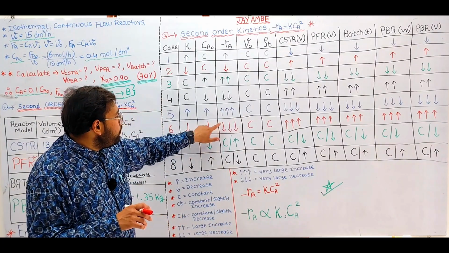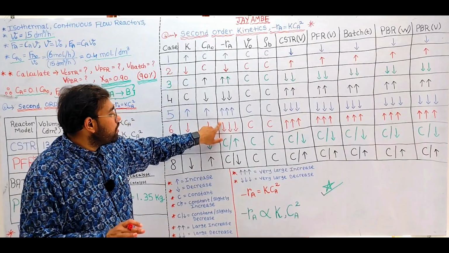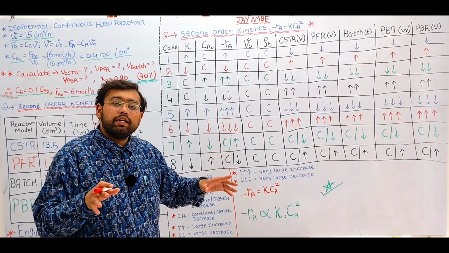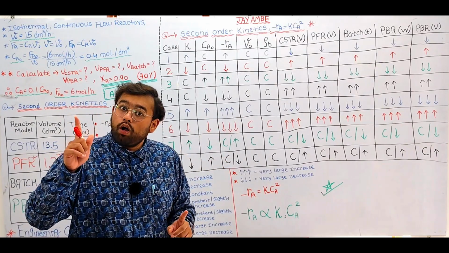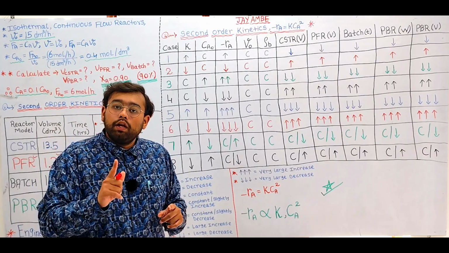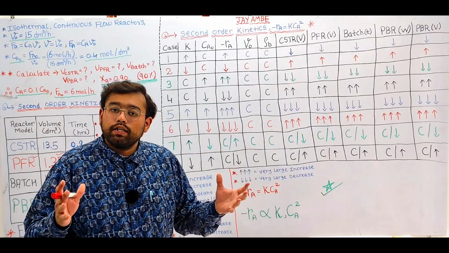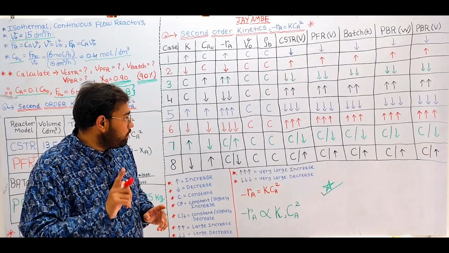Which means the rate of the reaction will decrease very strongly, so the speed of the reaction has decreased very strongly. Now, in order to achieve the same desired conversion, we will require very large reactor volumes, very large reaction time, and a very large weight of the catalyst.